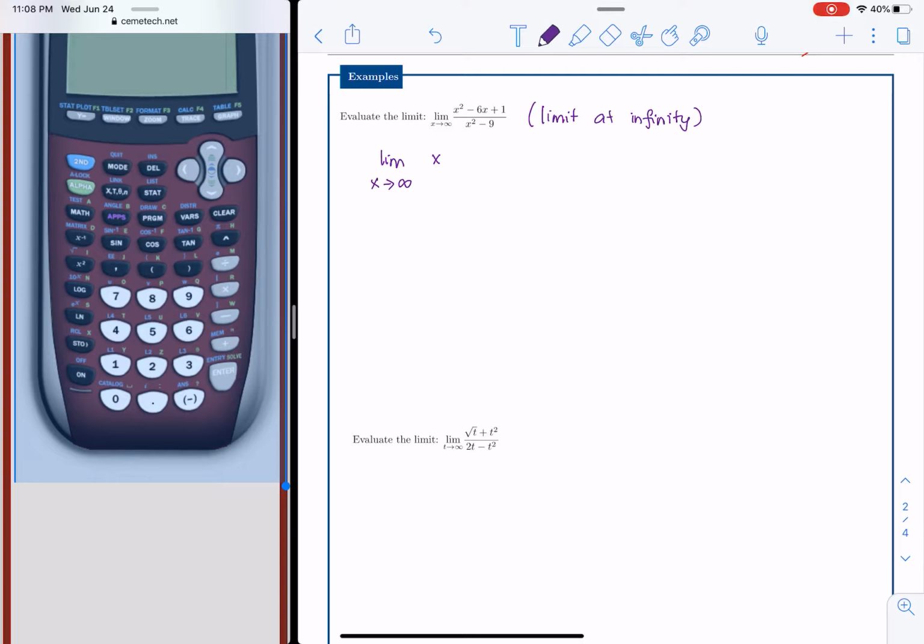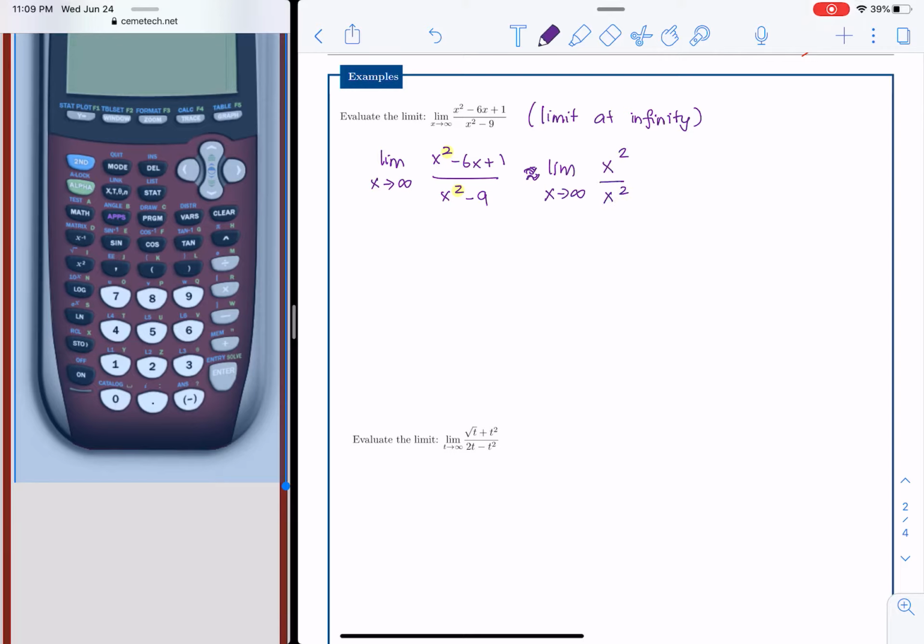So look at the polynomial x squared minus 6x plus 1 divided by x squared minus 9. So the degree of the numerator and the degree of the denominator are the same. So the limit as x approaches infinity is approximately equal to x squared over x squared.